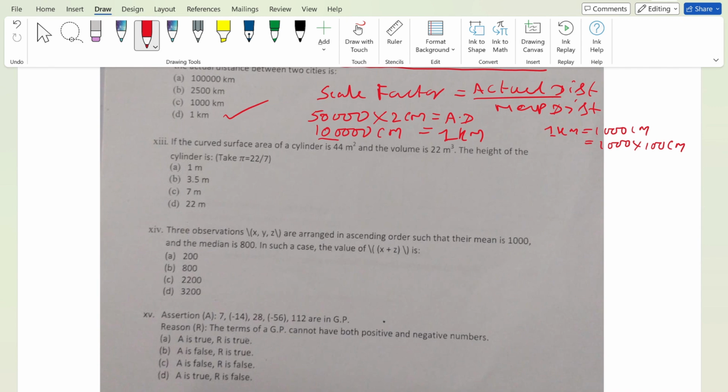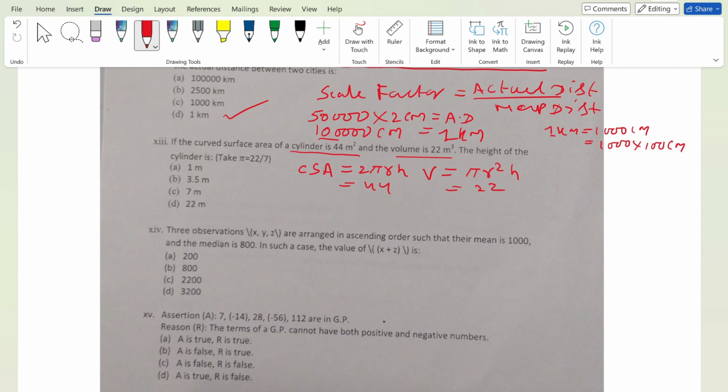Question number 13. If the curved surface area of a cylinder is 44 meter square and volume is 22 meter cube, find the height. What is the formula for curved surface area? Curved surface area equals 2 pi r h and volume equals pi r square h. This is given 44 and this is given 22.